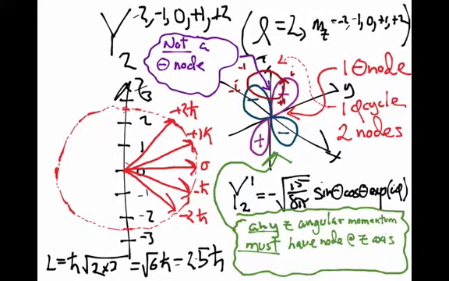And so we're emphasizing the number of theta nodes, the number of phi cycles, the total angular nodes equaling the l quantum number, and the total number of cycles being given by the absolute value of the m sub z quantum number. Again, because we didn't cross 0 there at that cusp, it's not a theta node, because theta only goes from 0 to pi, as we've drawn it here in this gray.